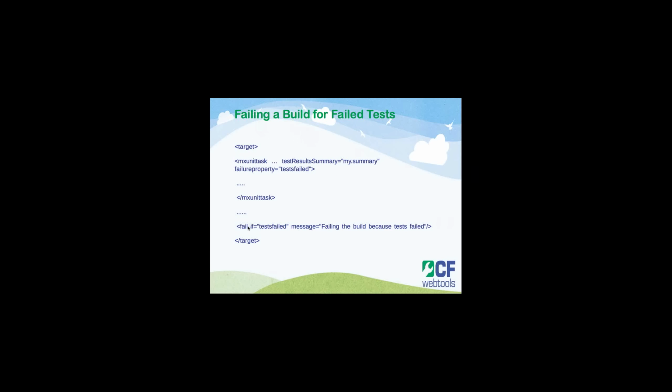If you put a fail anywhere in a target, it'll basically stop at that point. So I can say I'm running a production build, I'm going to run the MX Unit tasks, and notice I have a failure property here, test failed, and if that test fails, I don't want to continue on with my production build. So I can run these tests on a staging server as part of the production build, and fail it and not continue with the production build if anything went wrong with the MX Unit test.